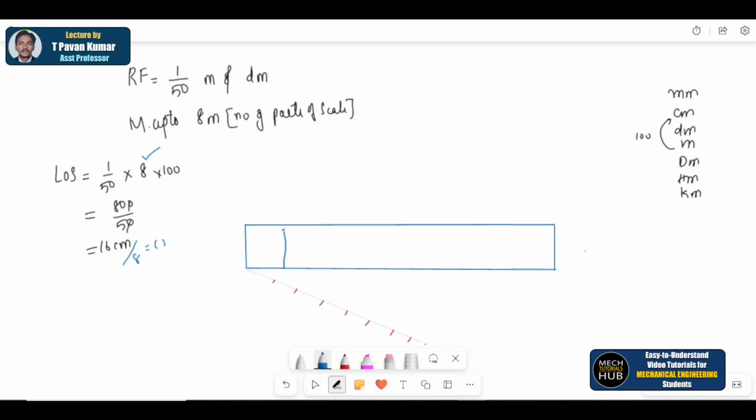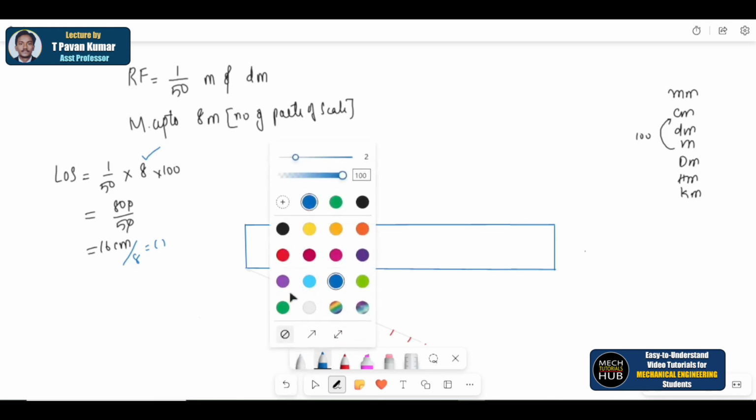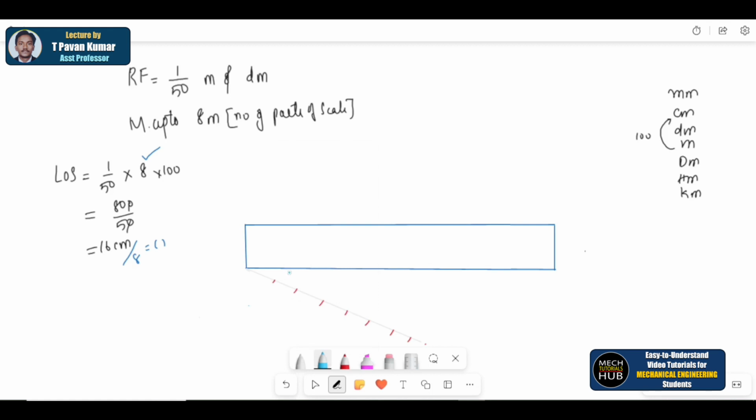This is the first division. Second, third, fourth, fifth, sixth, 7, and 8. At every intersection, I'll draw a straight vertical.